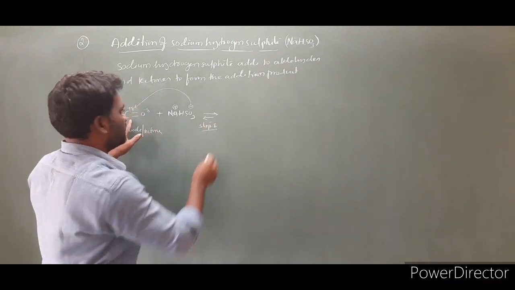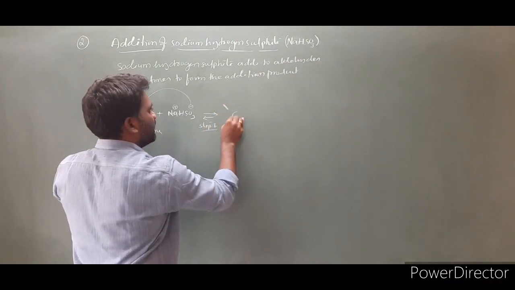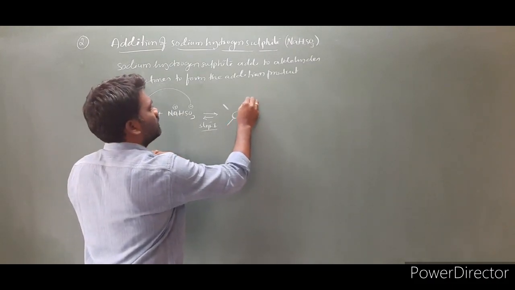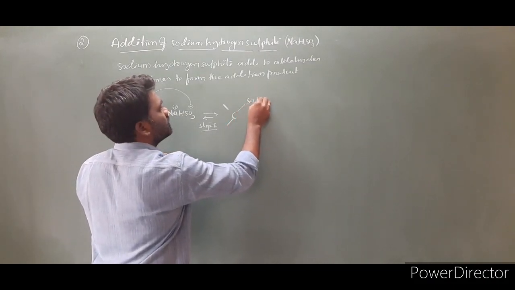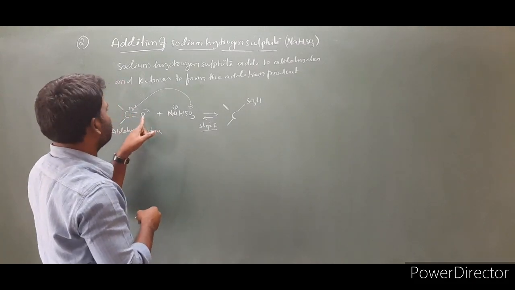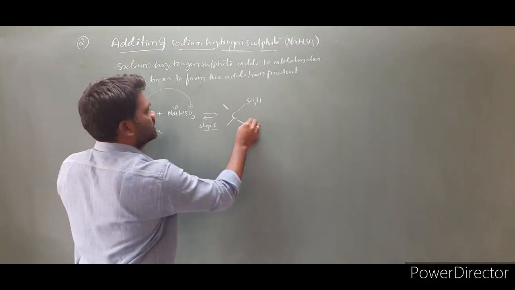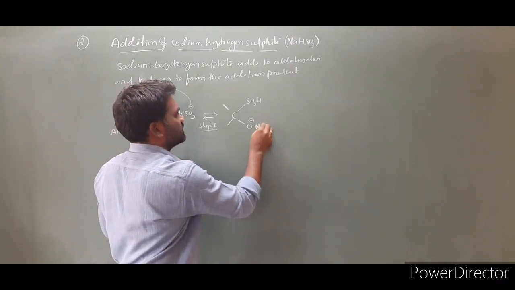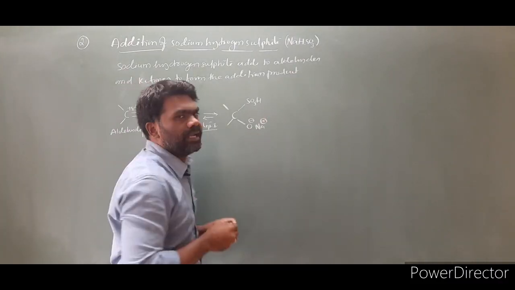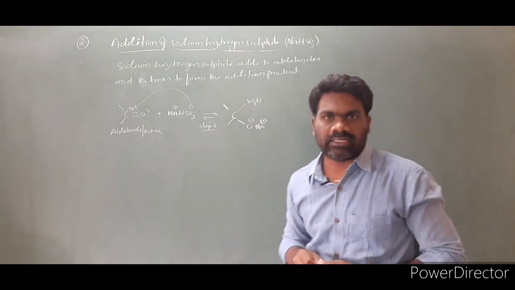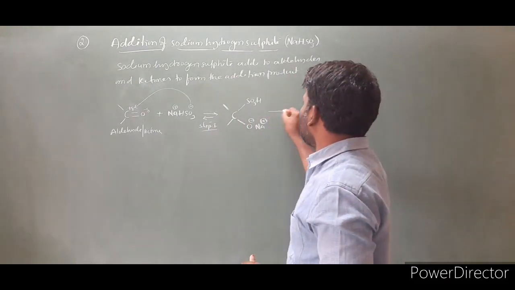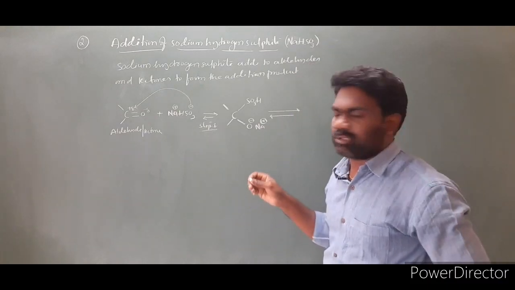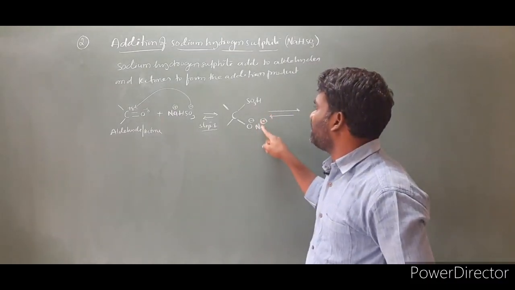Then the product: these two groups remain the same. This SO3H we have attached here. Then we get SO3H and this O minus. This O minus will be taken by the Na plus, giving O minus Na plus. So this is the intermediate formed in this reaction. Clear? Instead of capturing a proton from the reaction medium, here H is there, here Na is there.